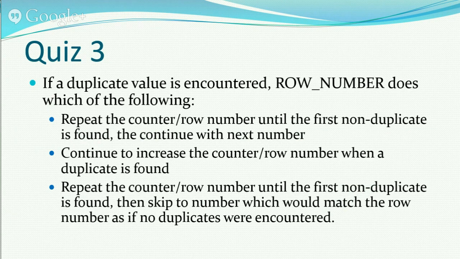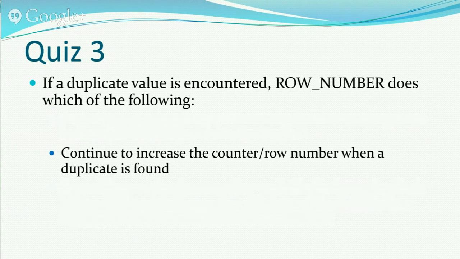Or repeat the row counter number until the first non-dupe is found, and then skip to the next number, which would match the row number as if no dupes were encountered. B? Yeah, if we had letters. Again, the middle one. There are 2 tests here, a test for communication and figuring out the right SQL answer. C. Yeah. All right, good job.